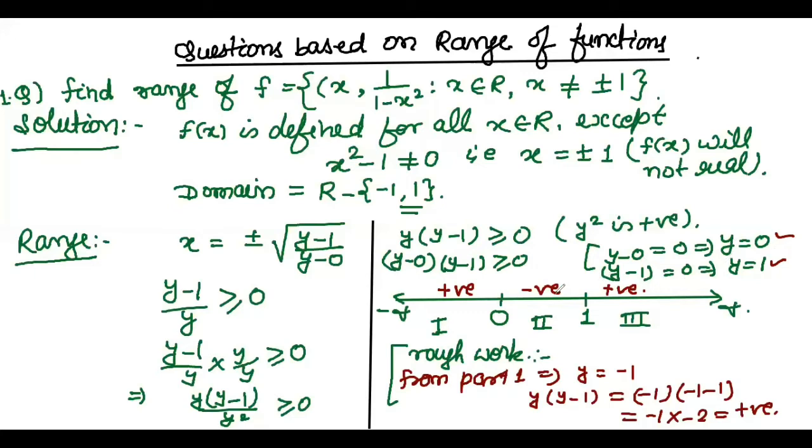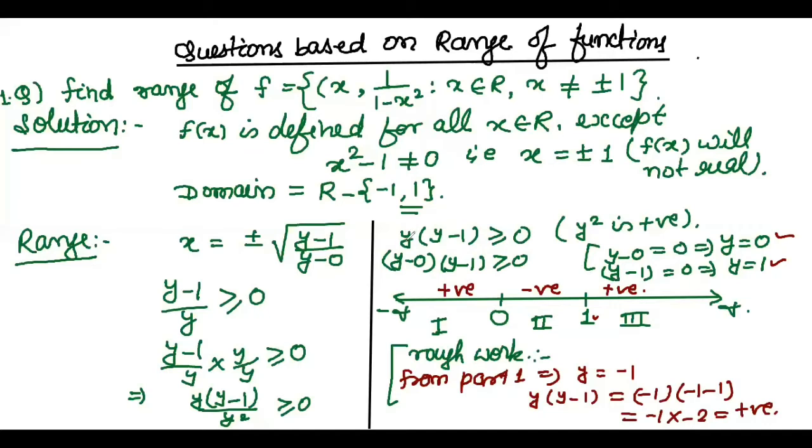So this is the pattern of the sign scheme. We find one part, and by using that part we get the signs of the remaining parts. So here it is positive, then 0 is coming only one time, so positive will change into negative. Again 1 has come only once, so negative will change into positive.